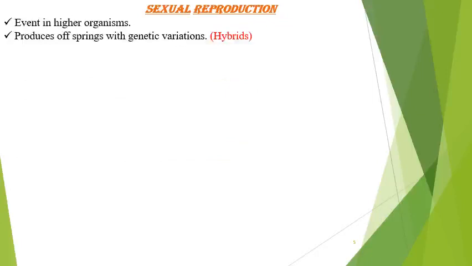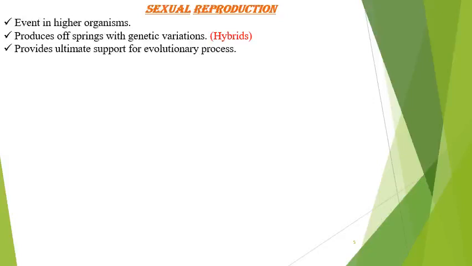After the fusion of these gametes, the structure which forms is called the zygote, and that is diploid in nature. So we can see that this event in higher organisms produces offspring with genetic variations. They may be called hybrids, and it provides ultimate support for the evolutionary processes.